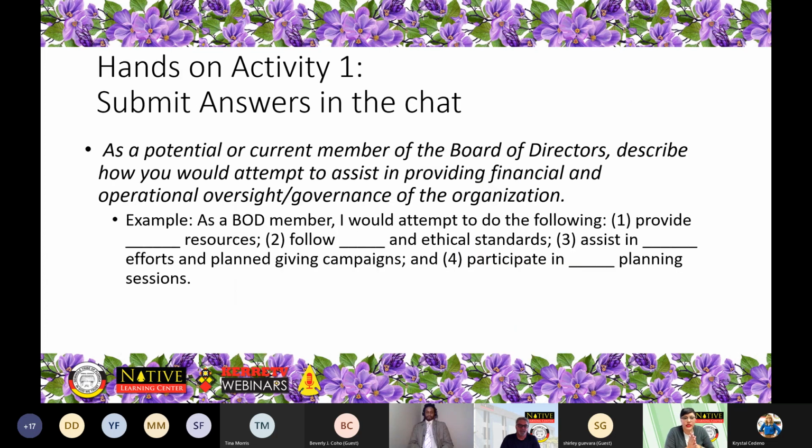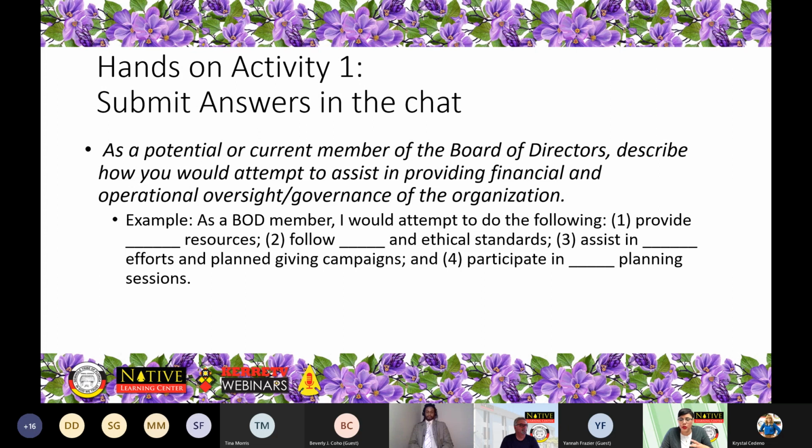Awesome. So that brings us to our first activity of the afternoon. It's intended to be a little bit more hands-on, so we can guide you a little better and have a better discussion. It says, as a potential or current member of the board of directors, describe how you would attempt to assist in providing financial and operational oversight or governance of the organization.